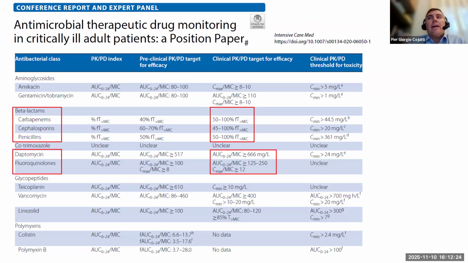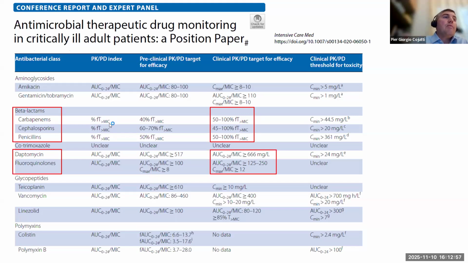So when looking at the clinical guidelines that may support clinicians in properly integrating PK/PD principles in clinical practice, I give you some clues about what one of the most important recently published position papers tells us about which PK/PD target of efficacy should be targeted in patients with severe infection.